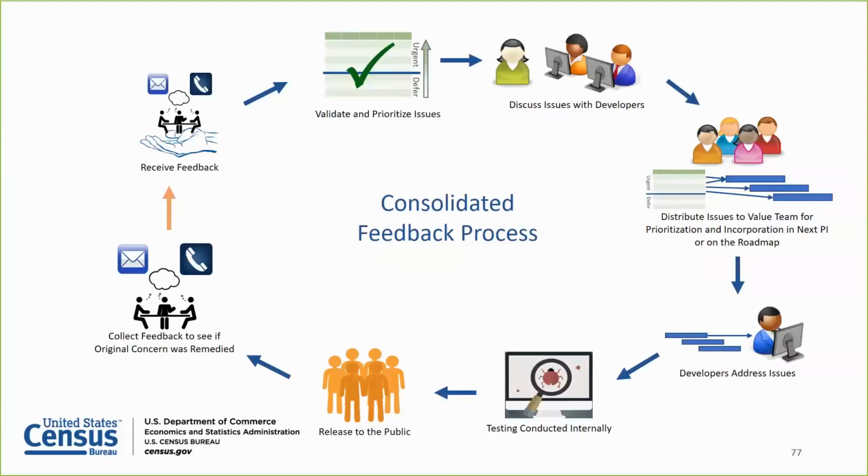It's then released to the public, and then we do the process again. We send it out, we collect feedback, and find out how close we were to the mark. Was this better? Is this what you were talking about that was missing? Do you like this? Is this really getting to what you're interested in? Please keep the feedback coming, because it really does guide the development of our site.